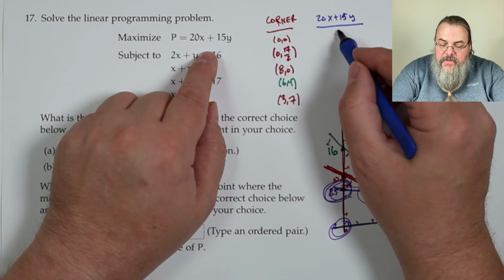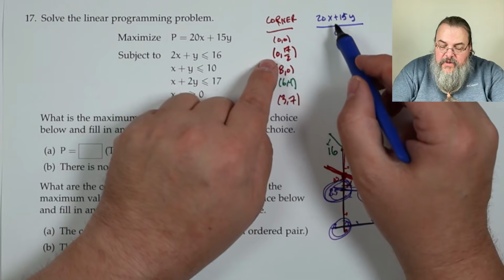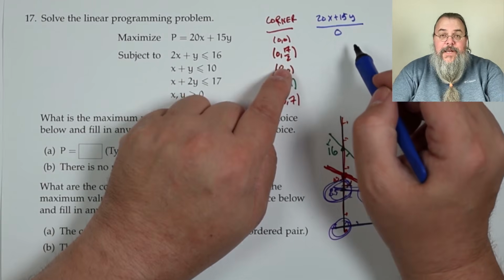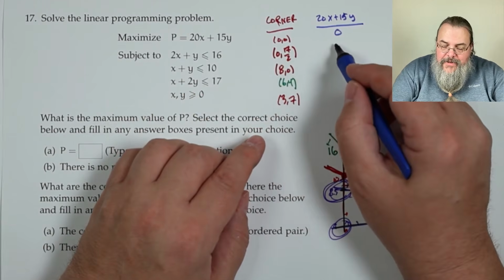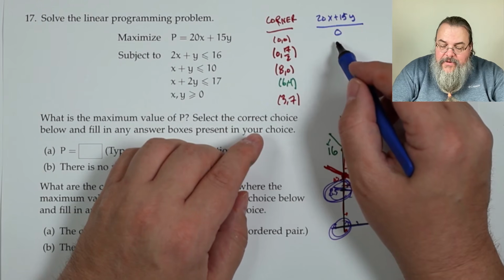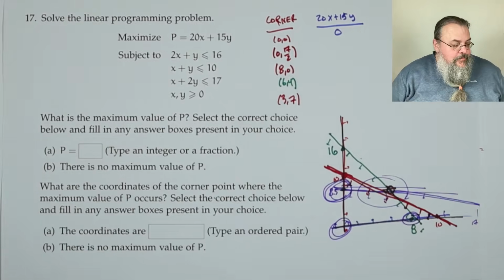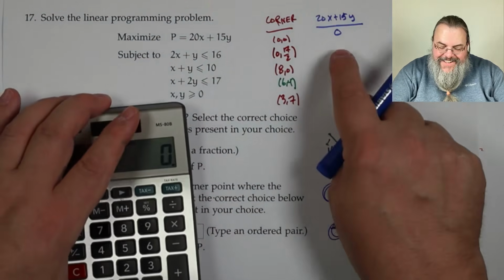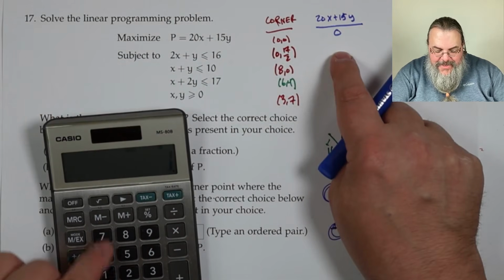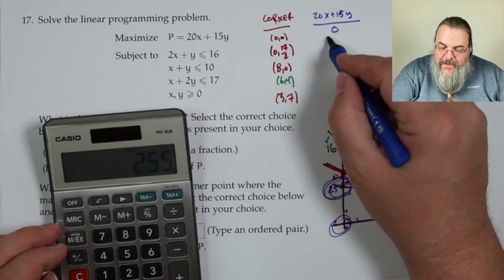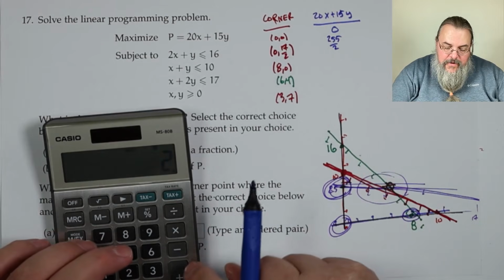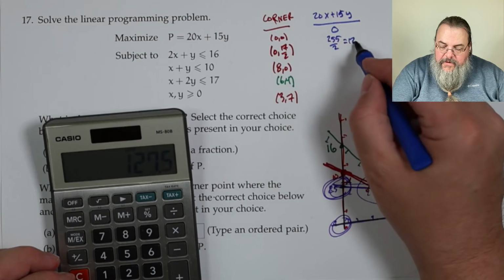At (0, 0), we get 0. At (0, 17/2), 15 times 17 is 255 over 2, and just for reference, that's 127.5.